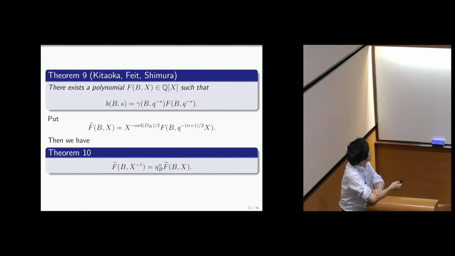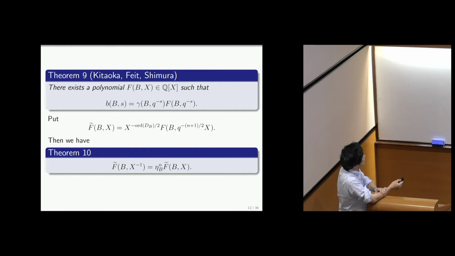Okay, so the theorem of Kitaoka, Katsurada, and Shimura says that there exists a polynomial F of B, X such that the Siegel series is the product of gamma of B, q to the minus s, times F of B, q to the minus s.